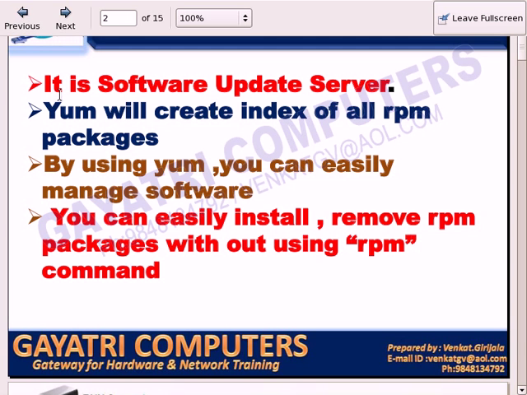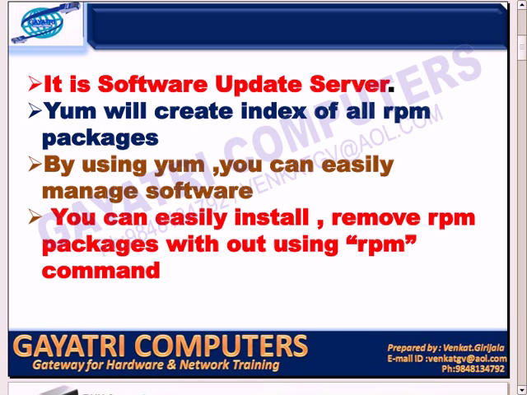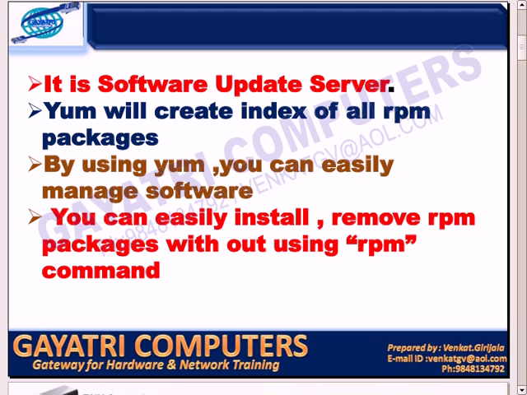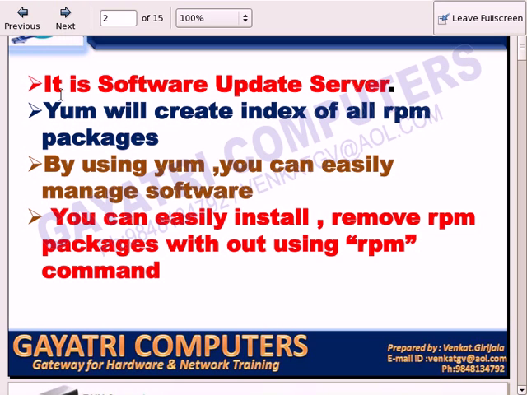It is just like a software update service or software update server. It is similar to the Windows operating system's WSUS, Windows Server Update Services. YUM will create the index for all RPM packages.